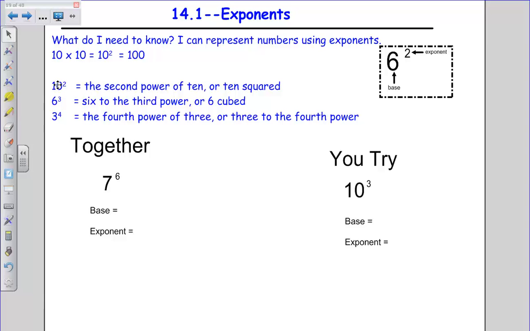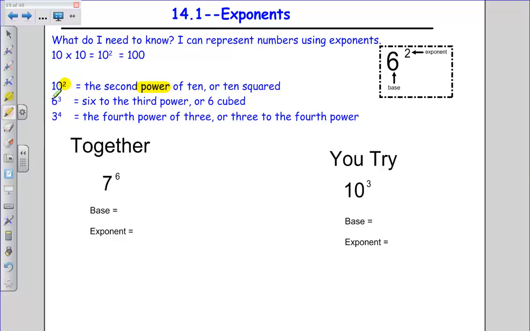Here are some other ways that I can say exponents. If I say the second power of 10, my power always refers to my exponent. If something is squared, it is to the second power.